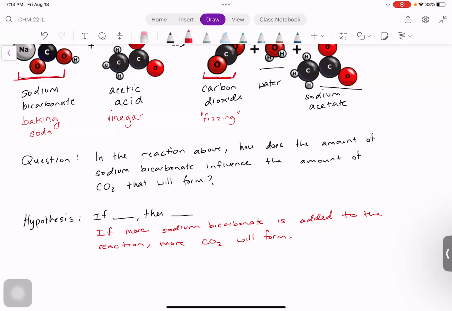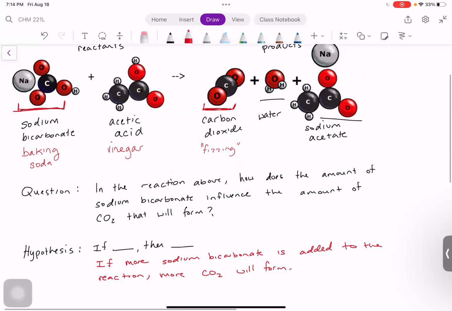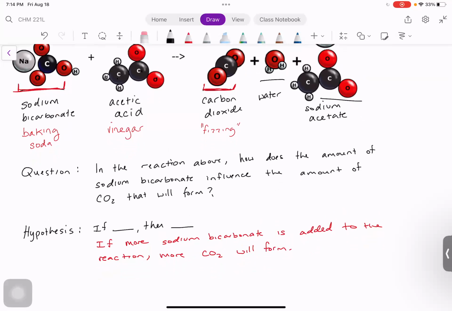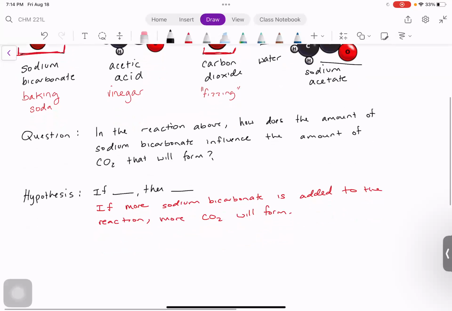So that's my hypothesis. This is my question. This is my hypothesis. And we have to think about now how we are going to design an experiment to test this hypothesis. And so in this case, it's important to remember and be able to identify our independent and our dependent variables, and then to determine what variables we want to control.